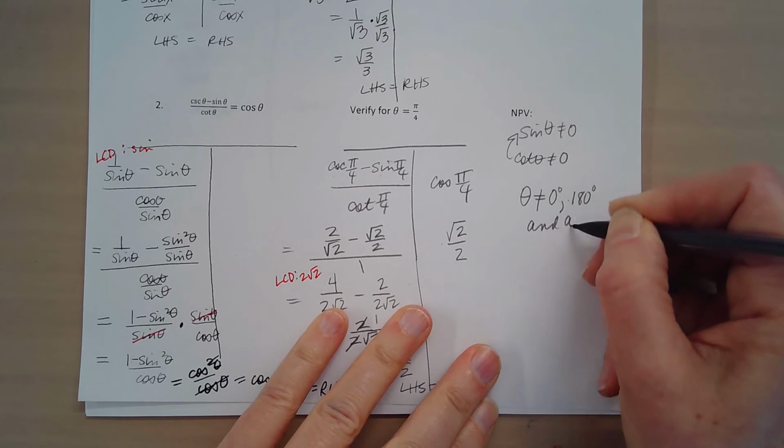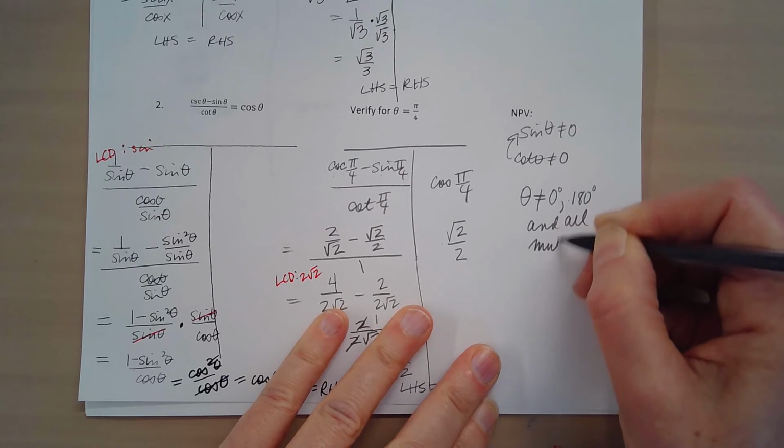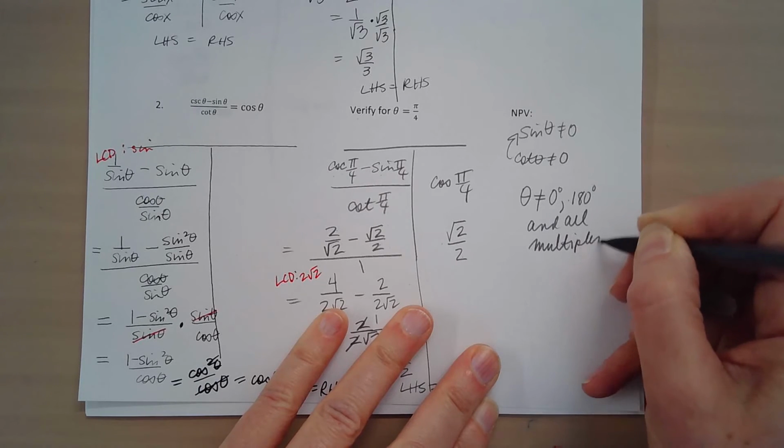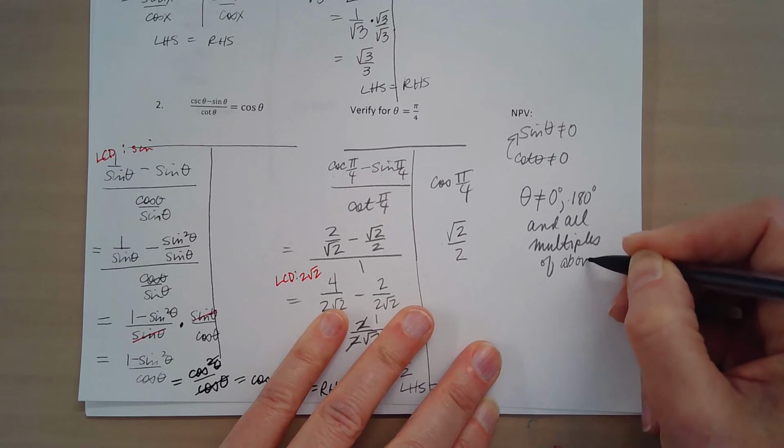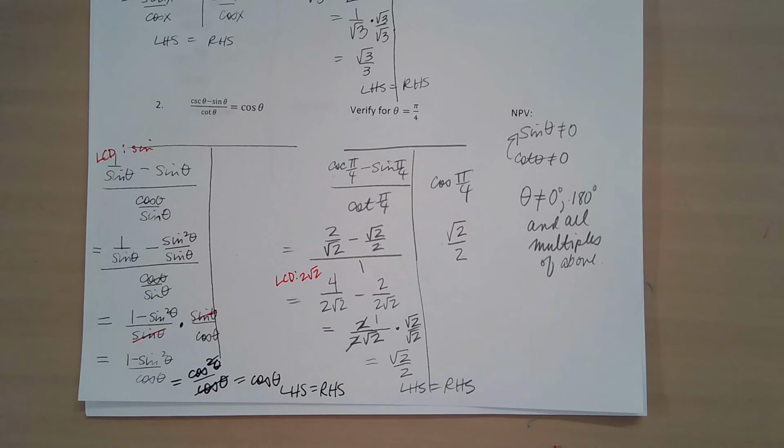And all multiples. Let's check our cotan out again, though. I'm being lazy and I'm just writing that out because I'm running out of room. Let's look at our unit circle again, though. I think I have one.